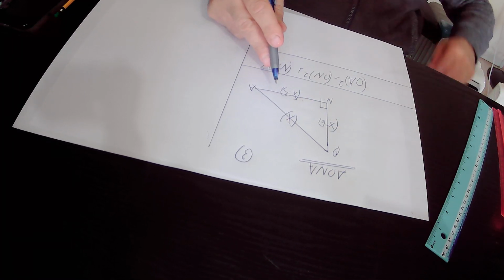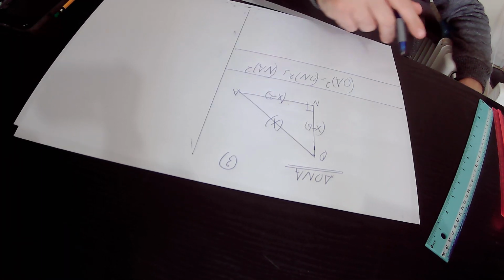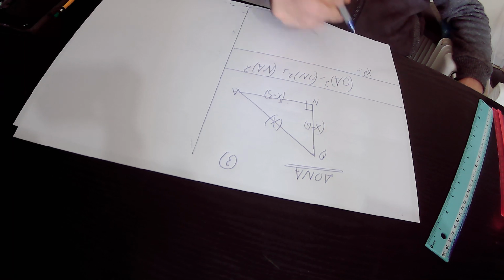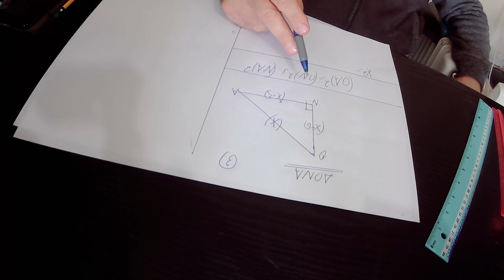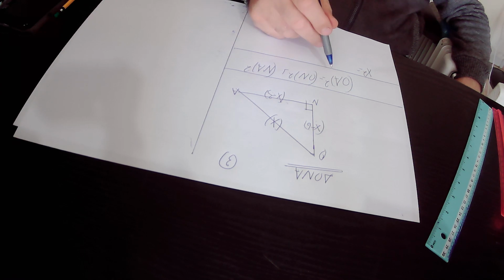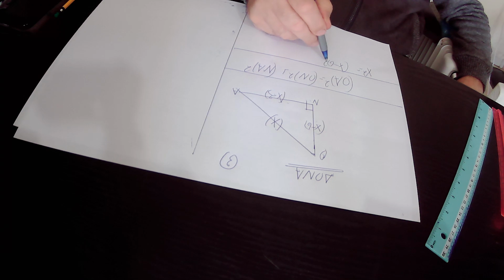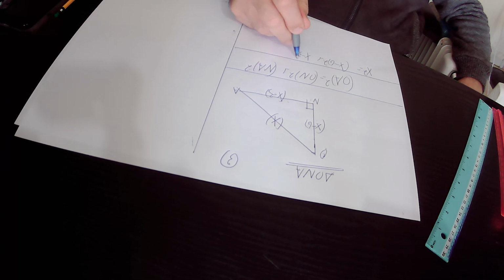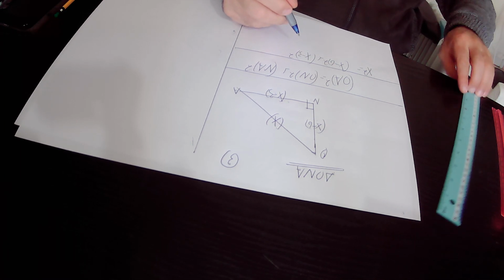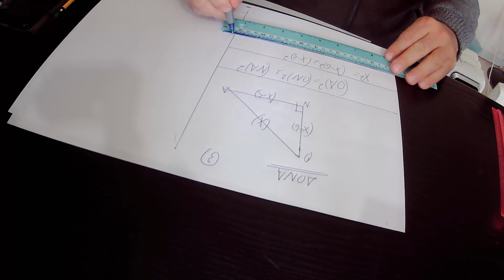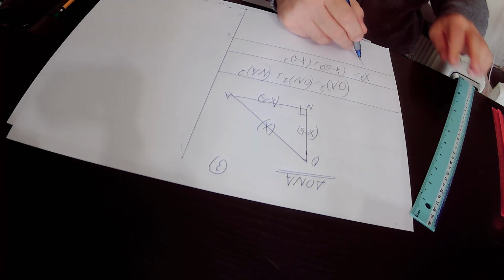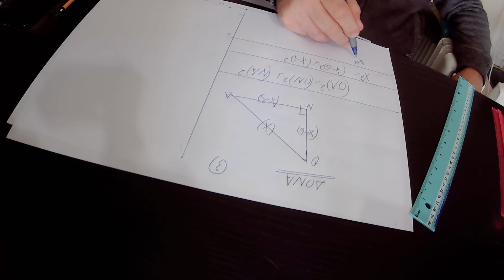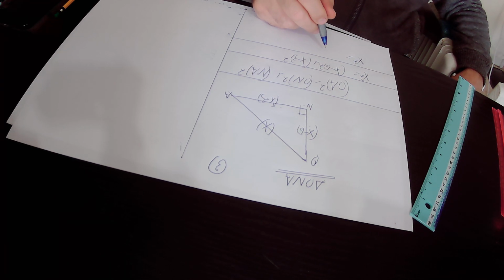OA is X, therefore OA squared is X squared, and is equal to ON squared. ON is X minus 6. Therefore, ON squared is X minus 6 squared plus NA squared. NA is X minus 3, therefore NA squared is X minus 3 squared. So X squared equals X minus 6 squared.